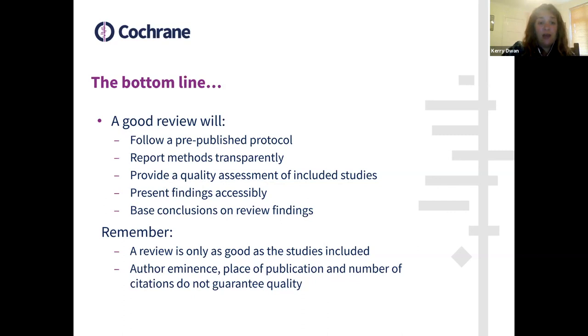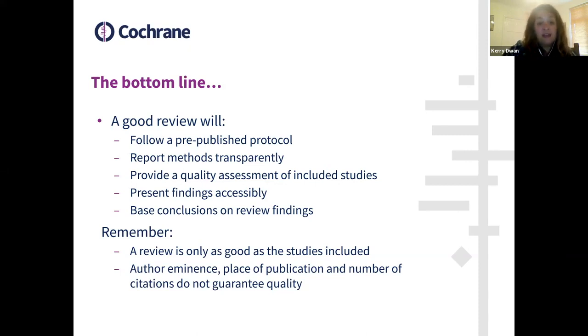Again, they will all differ. The different types of reviews differ in the types of methods used, the quality tools used, the reporting checklists used, and even the analysis, different types of data that's included, but they should all be reported transparently, and the quality assessments should be done for each of these different types of reviews.